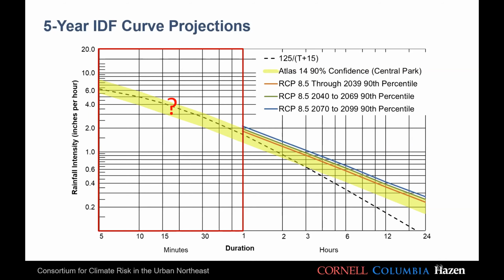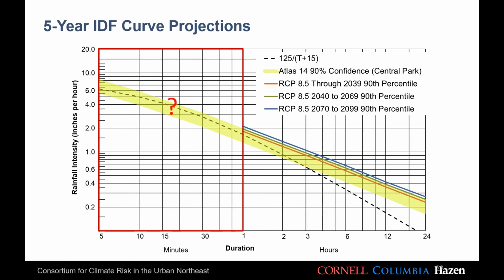The other notable part of this graph is what's not shown, and that is the sub-hourly data. We didn't provide any projections because the shortest duration that Art provided was 1 hour. And Art mentioned that even those 1 hour projections were based on conventional adjustment factors to daily projections.